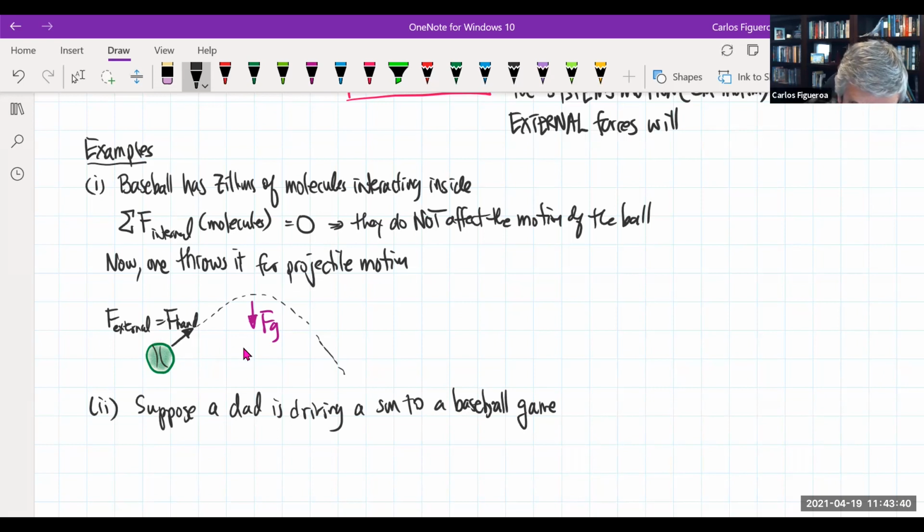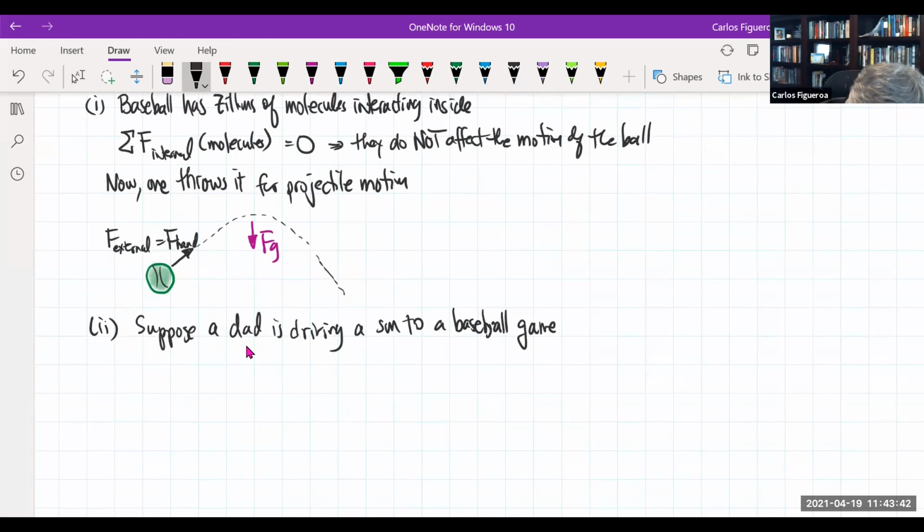So what do we do here? Well, let's imagine that we have a car. So if we're driving a car, right? What we're going to do in this case is assume that we have a seat, of course, and the son wants to go to the baseball game really badly.